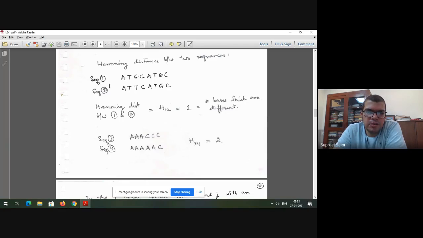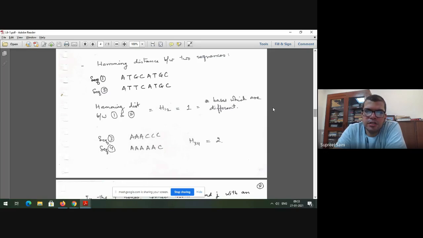So if we compare sequences 1 and 2, we see that the Hamming distance between them is 1 because there is exactly one position where the nucleotide is different. On the other hand, if we compare sequences 3 and 4, we see that the Hamming distance is 2 because now there are two positions, nucleotide number 4 and nucleotide number 5, where the nucleotide in these respective sequences is different from each other.